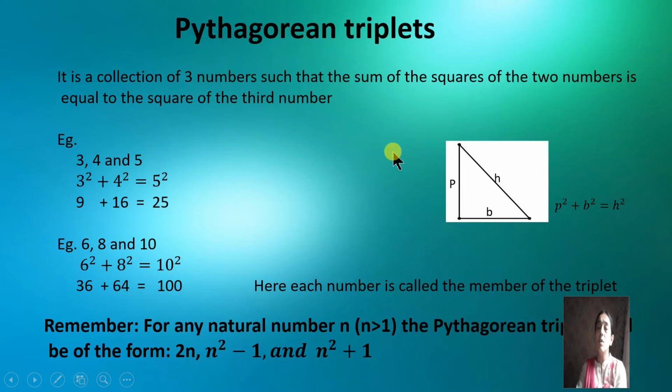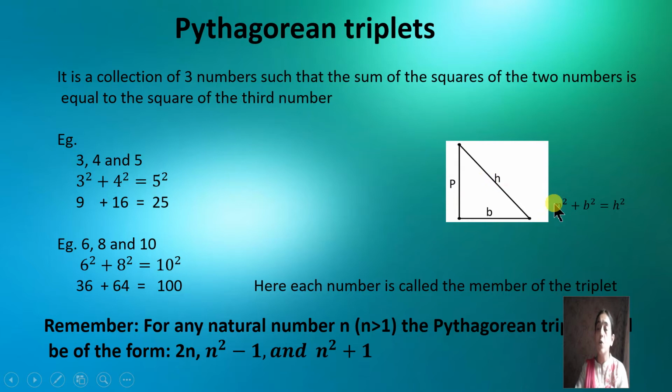Pythagoras theorem says that in a right angled triangle, the sum of the squares of the measures of the 2 sides forming the right angle, this is the perpendicular and this is the base, should be equal to the square of the hypotenuse. The side opposite to the right angle is called the hypotenuse.